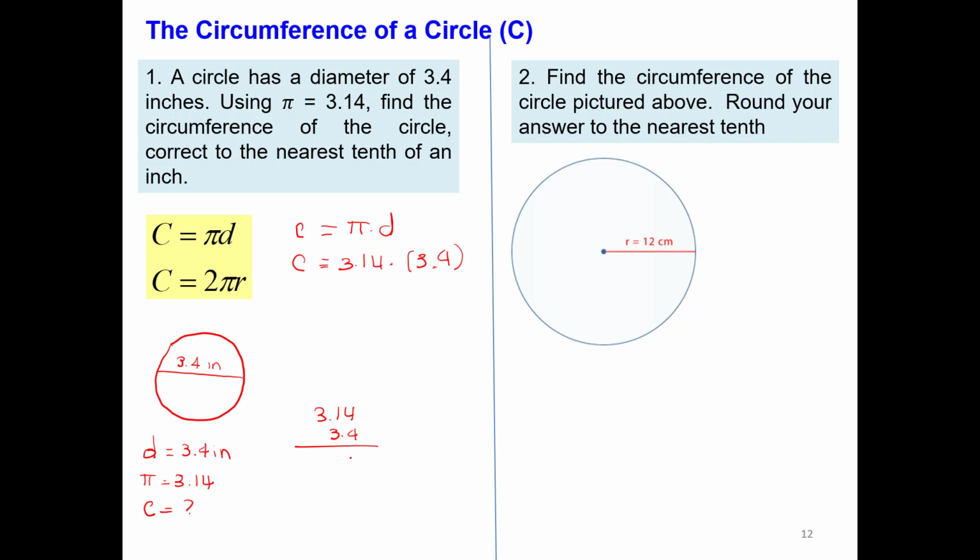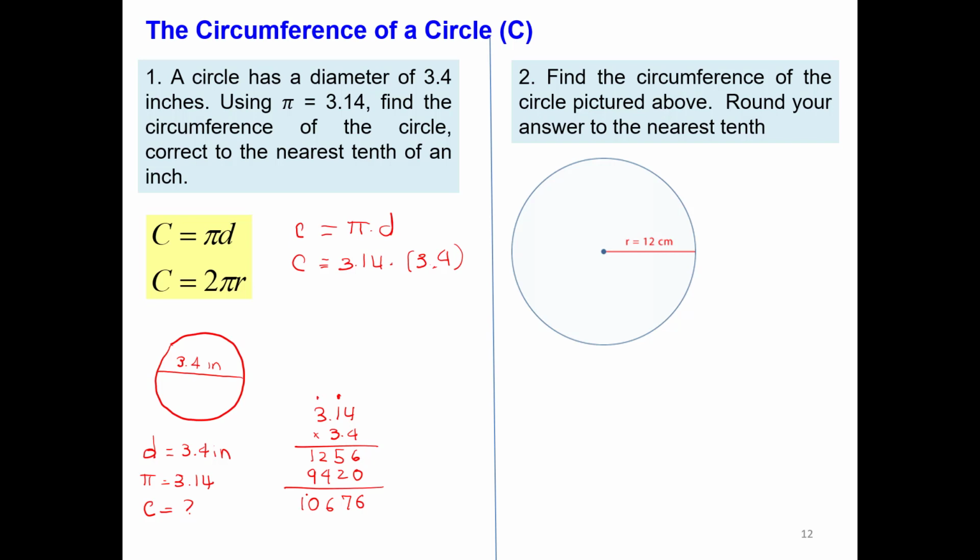We had 4 times 4 is 16. Carry 1. 4 times 1 is 4, plus 1 is 5. 4 times 3 is 12. And now 3 times 4 is 12. Carry the 1, 3 times 1 is 3 plus 1 is 4. 3 times 3 is 9. Add the numbers: 6, 7, 6, 10.